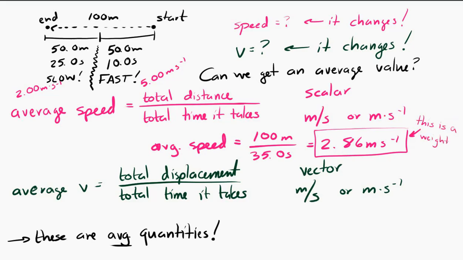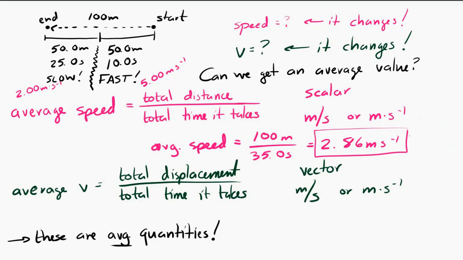You have to be careful when you calculate the average speed. It's not a mathematical average where you just take the two individual speeds and average them together. It's what's called a weighted average, which is a little more complicated, and we won't go into that right now. But be careful. When calculating the average speed, always go back to this equation. It's the total distance divided by the total amount of time that it takes to travel that distance.